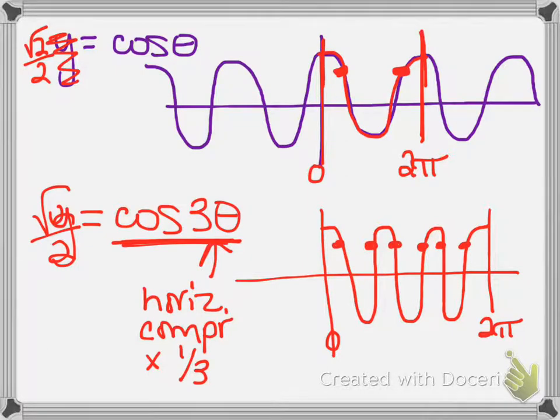And so what that means, as far as question 8 and 6, and I'm actually going to go in reverse order here. I'm going to go ahead and do 8 first. 2 times cosine of 3t is equal to -1. Okay.